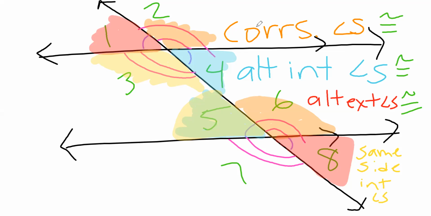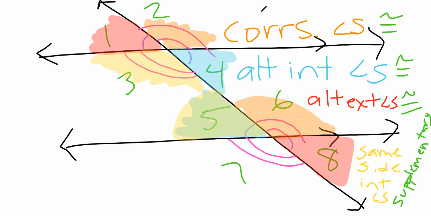They're both to the left of the transversal, but they're both inside the parallel lines. Notice that these two do not have the same markings, right? 3 is an obtuse angle. It's one of the pink ones. 5 is an acute angle. It's one of the purple ones. These are not congruent. Instead, the relationship between same side interior angles is that they are supplementary. Or if you recall what that means, it means that they add to 180. So you would add those up to 180, not set them equal to each other. All right, so those are supplementary.